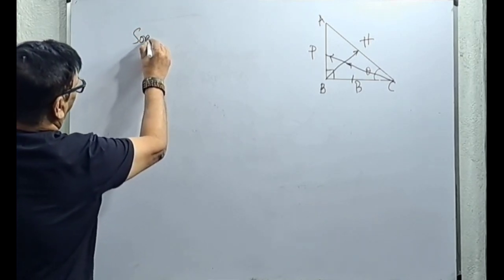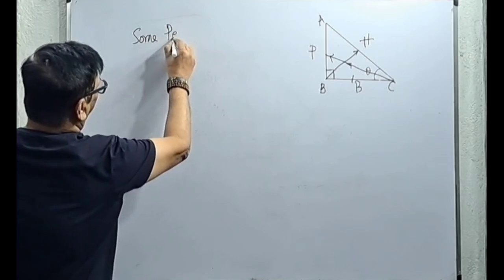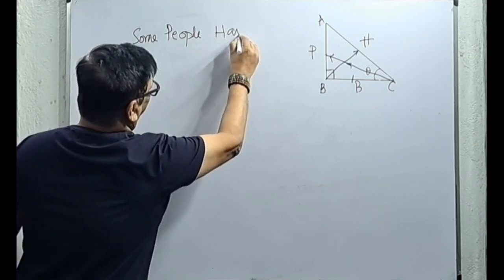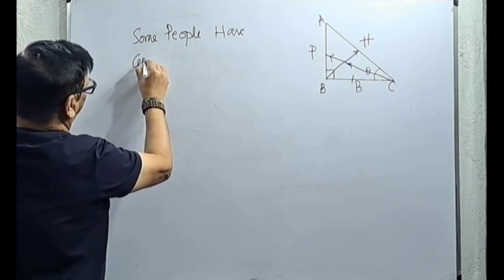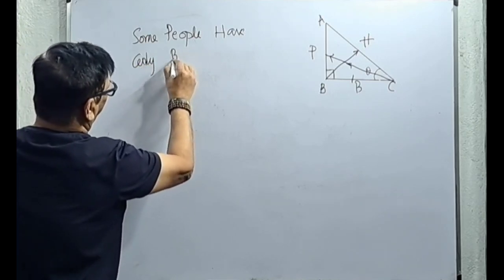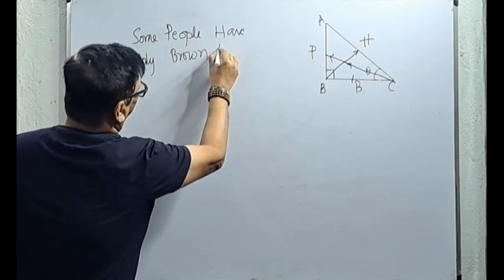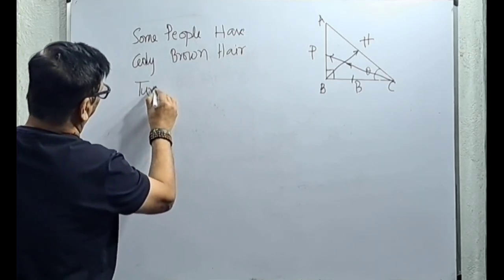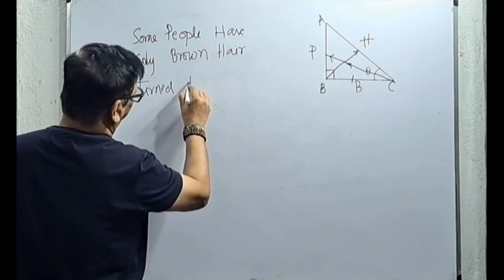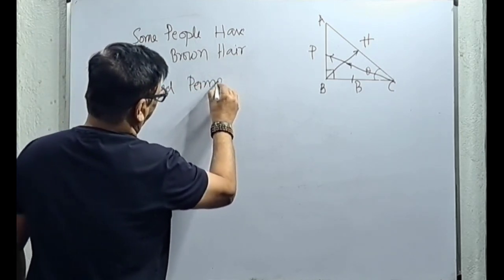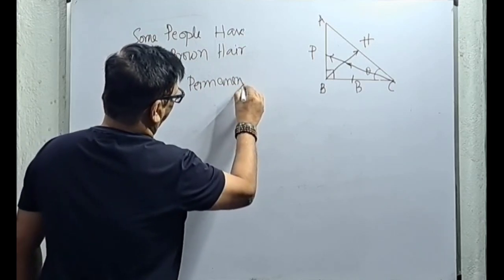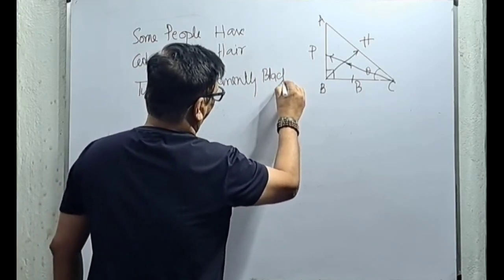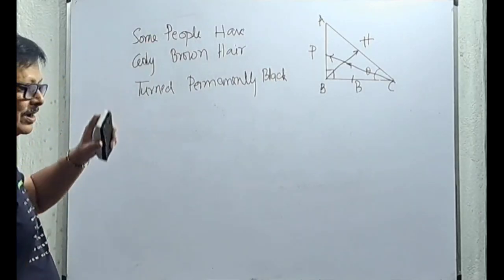Some people have curly brown hair turned permanently black. Correct? So can you connect it?